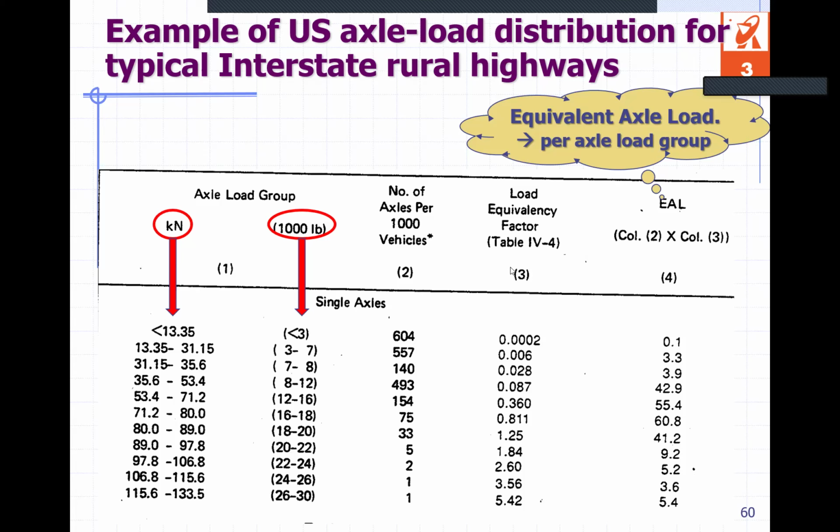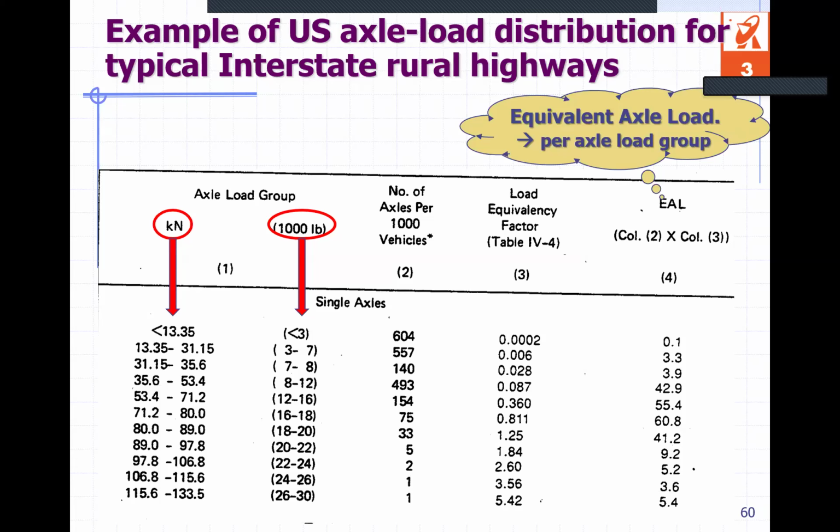And then the load equivalency factor is also calculated based on historical data, and the equivalent axle loads are calculated by simply multiplying your load equivalency factor by the number of axles. That's about it. This doesn't use the truck factor. It uses directly the load equivalency factor because you are breaking down the vehicles into axles.